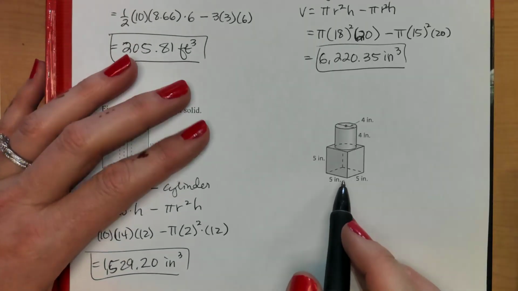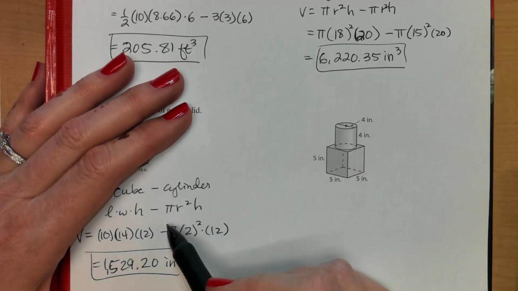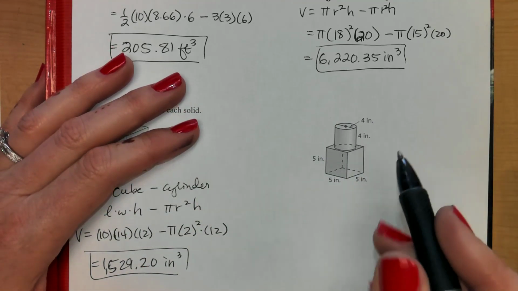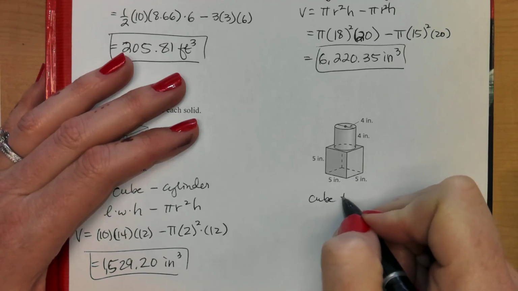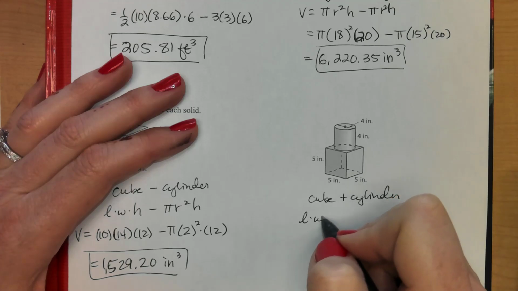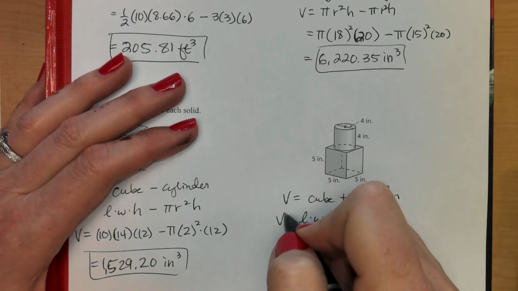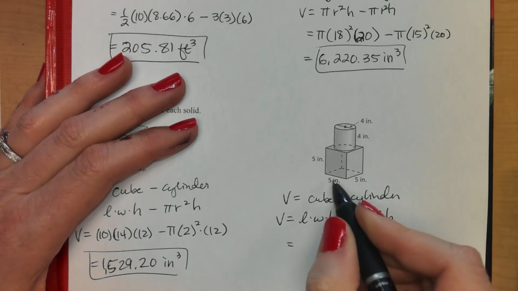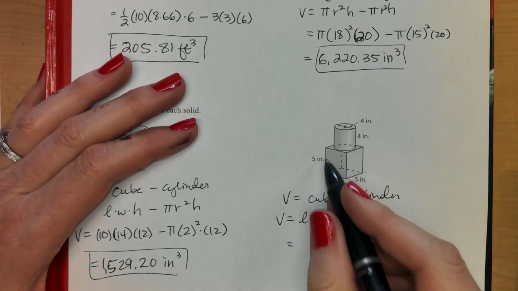Last one, we're actually stacking one shape on top of the other. All our other ones were subtraction, but this one is going to be addition, because we're putting this shape with that one. We've got the cube shape, and we're going to add a cylinder. The box is length, width, height, and the cylinder is pi r squared h. The length, width, and height of the box is 5, 5, 5.